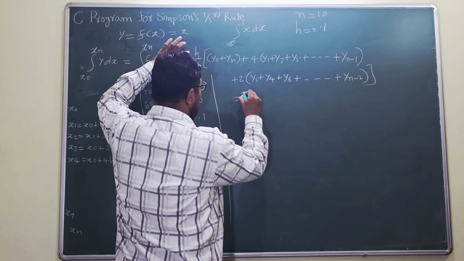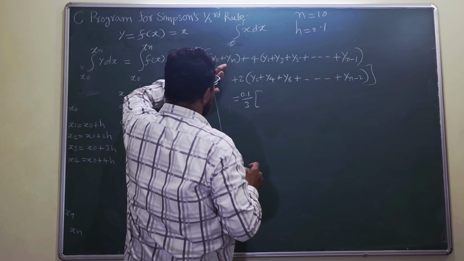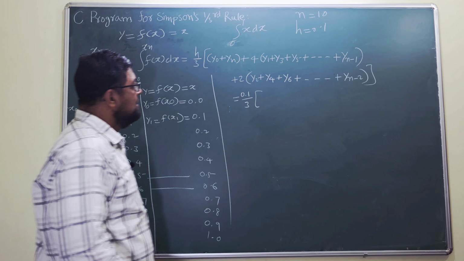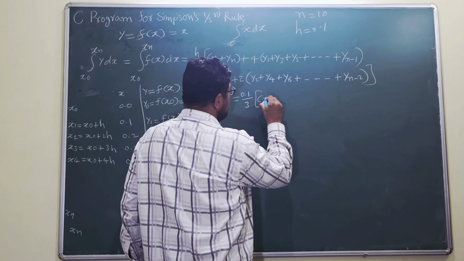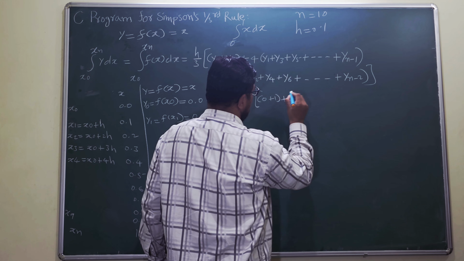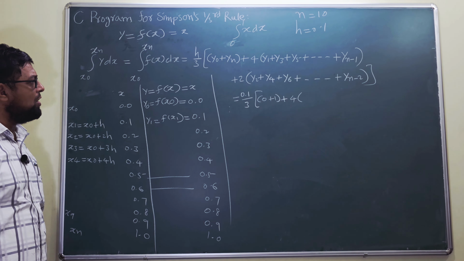So here we have h divided by 3, that is 0.1 divided by 3, inside the bracket y0 plus yn, which is 0 plus 1, plus 4 times the odd terms.